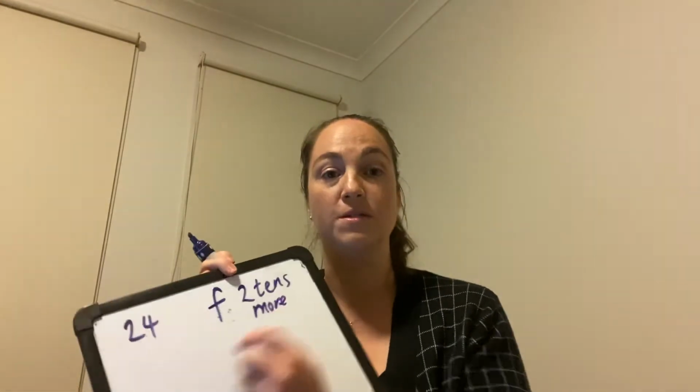So read it again, and on my whiteboard I'm going to write down the key information. I made 24 cupcakes. So I'm going to write down 24 because I know that that's important information. My friend made 2 10s more than I did. So I'm going to put F for friend, and I'm going to put 2 10s more. And that word more is super important.